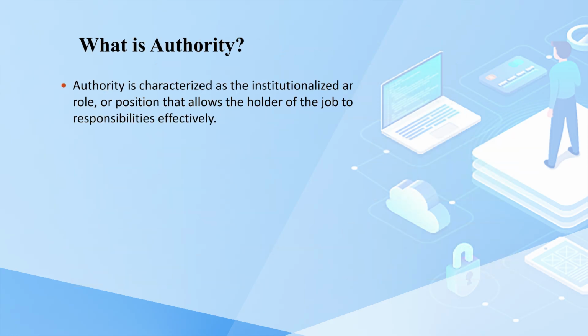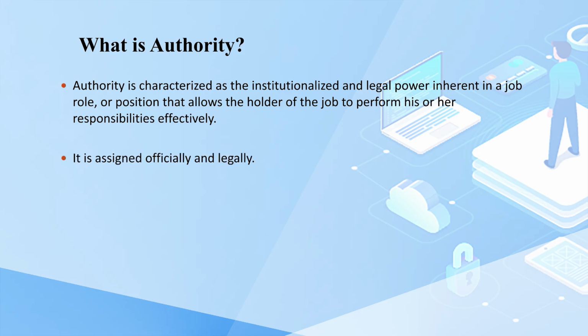So, what is authority? Authority is characterized as the institutionalized and legal power inherent in a job role or position that allows the holder of the job to perform his or her responsibilities effectively. It is aligned officially with legality.